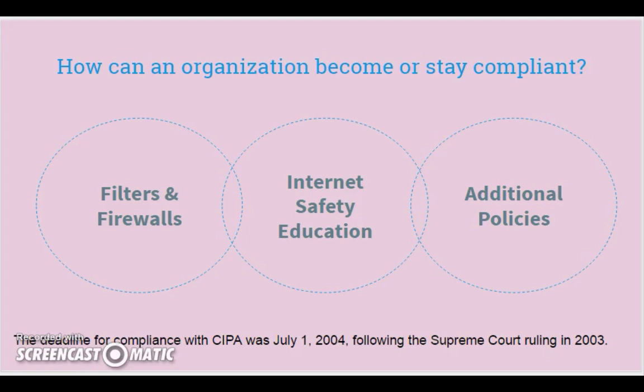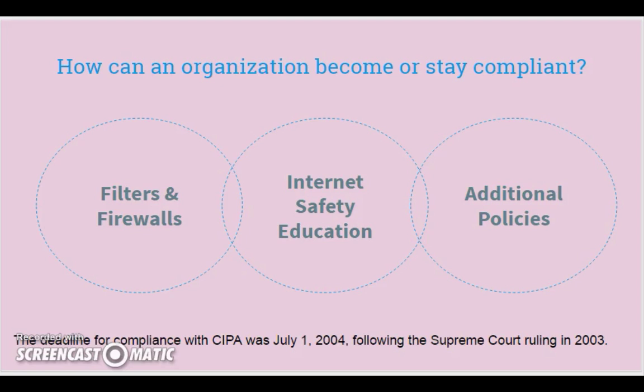The internet safety policy must address access to minors to inappropriate matter on the internet, the safety and security of minors when using email, chat rooms, and other forms of direct electronic communications, unauthorized access including hacking and other unlawful activities by minors online, unauthorized disclosure, use, and dissemination of personal information regarding minors, and measures restricting minors' access to materials harmful to them.